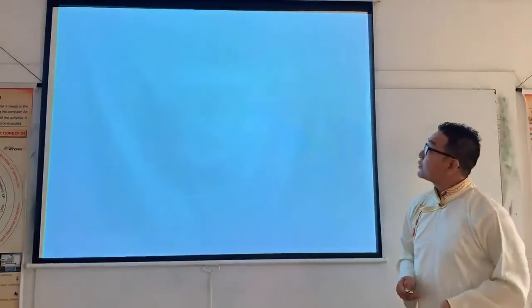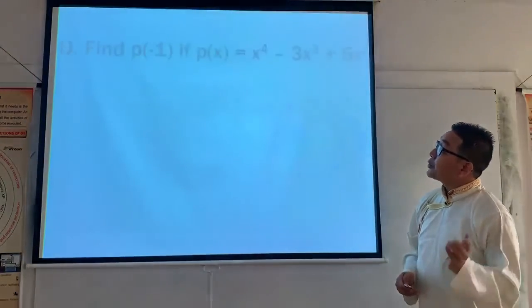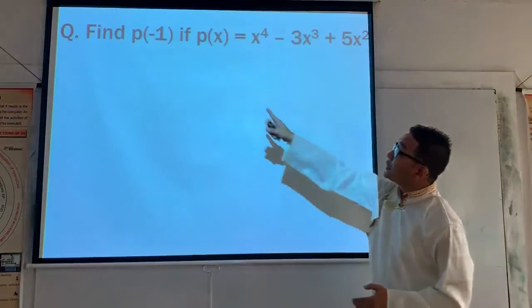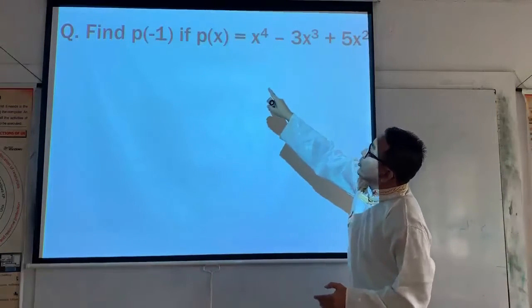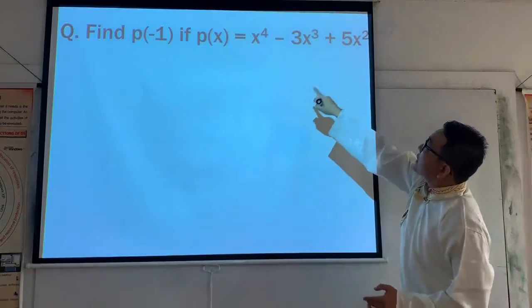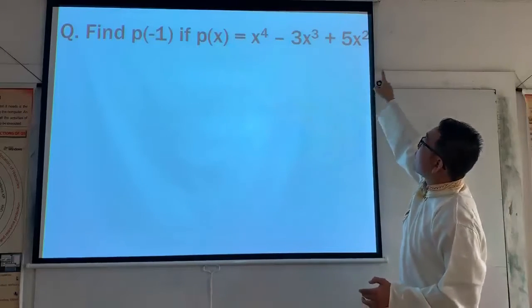Find p of negative 1 if p of x is equal to x raised to power 4 minus 3x cubed plus 5x squared.